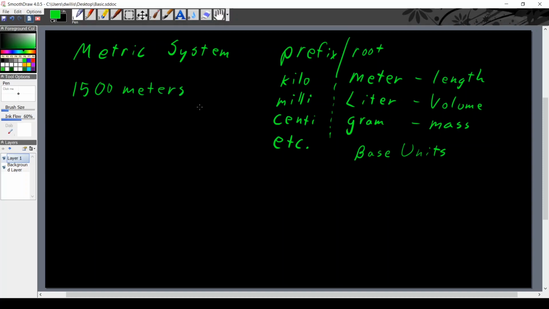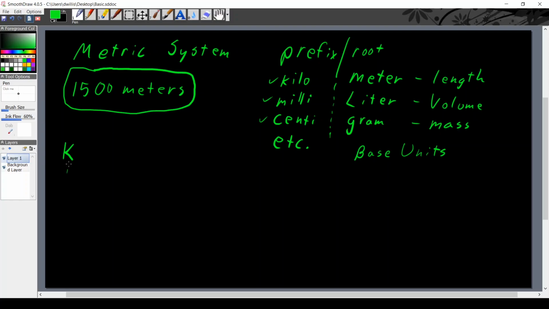Perhaps I would like to express that a little differently, so we're going to look at the relationship between kilometers, millimeters, centimeters, etc. Keep in mind that I've said I have 1,500 meters, and we will adjust that into some other units based on different prefixes. First, let's talk about the prefixes. I'm going to make a list of a few common prefixes.